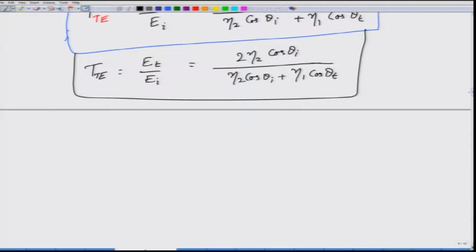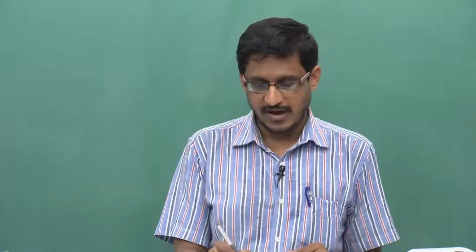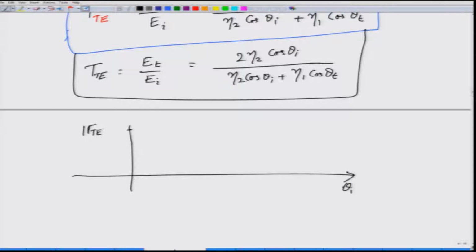Now, if you were to consider two situations and start varying the angle of incidence, I am going to plot the magnitude of the reflection coefficient for two situations. In one situation I will assume that the medium has a refractive index N1 less than N2.